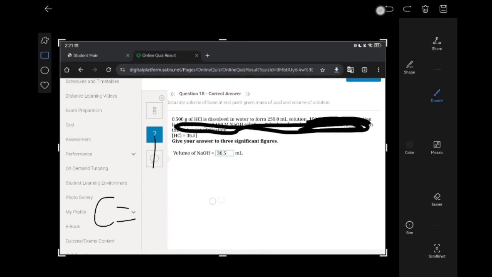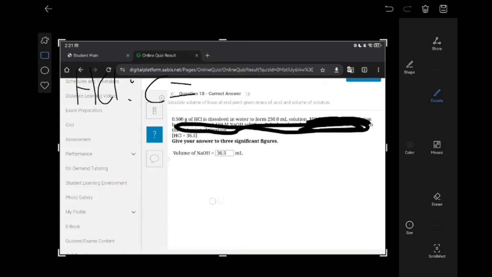The concentration is, so I'm gonna write them here. So HCl C is equal to, remember, the question is split up into two parts. The first part is the HCl dissolving in water to give you the solution. So this is the concentration of the HCl.